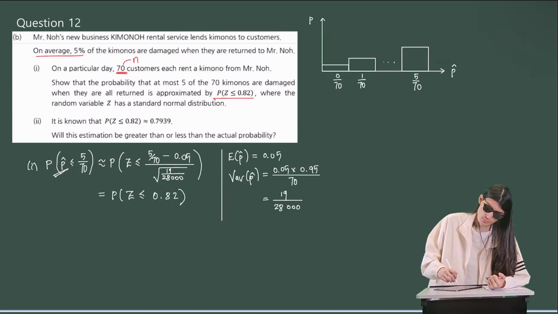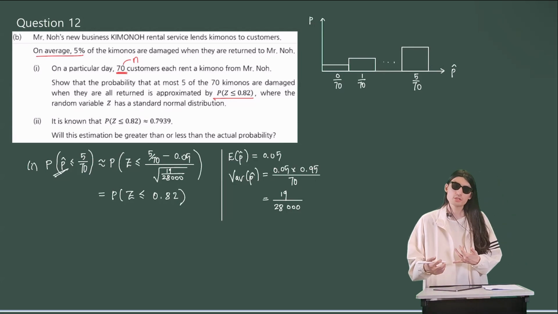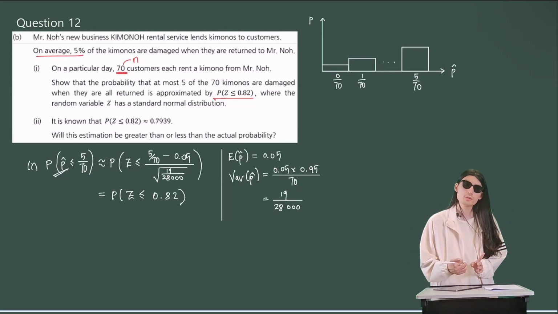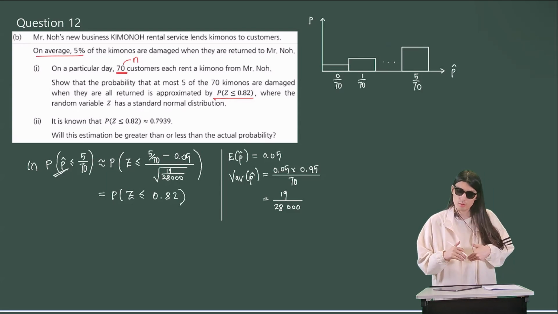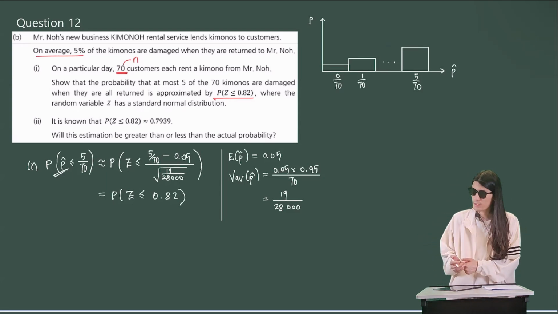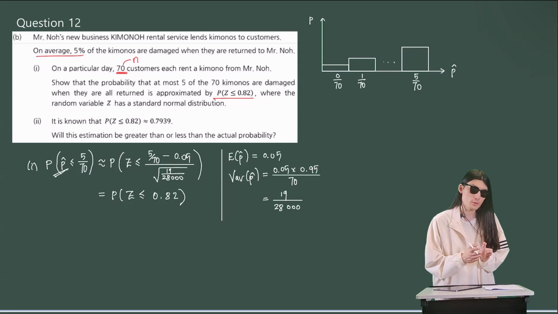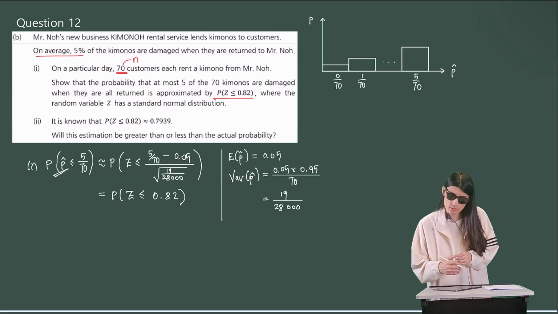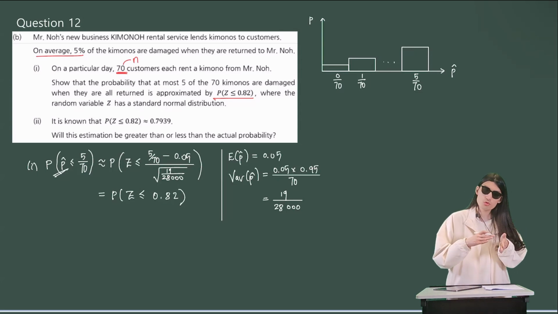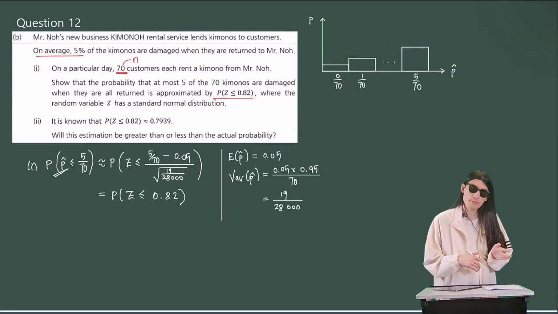But the actual distribution, as I've just drawn using a column graph, is a discrete distribution because the proportion of damaged kimonos can be 1 out of 70, 2 out of 70, 3 out of 70, but it can't be any value in between those discrete values. You can have 1 on 70 and 2 on 70 as possible values of p hat, but you cannot have 1.5 out of 70. Hence a discrete distribution.